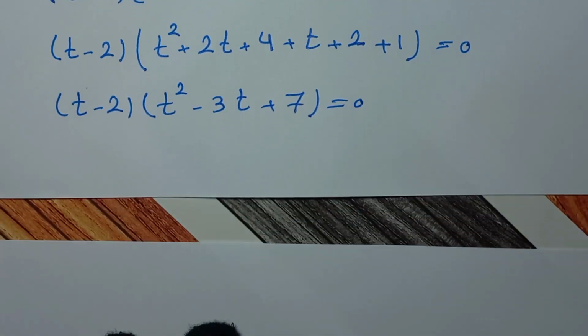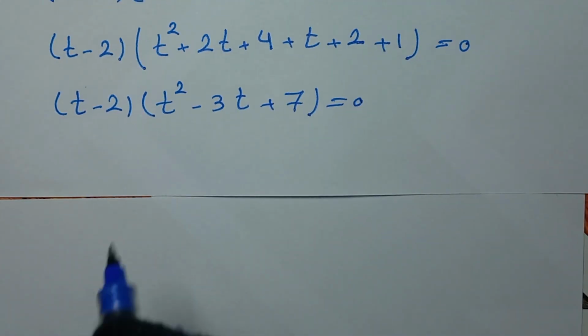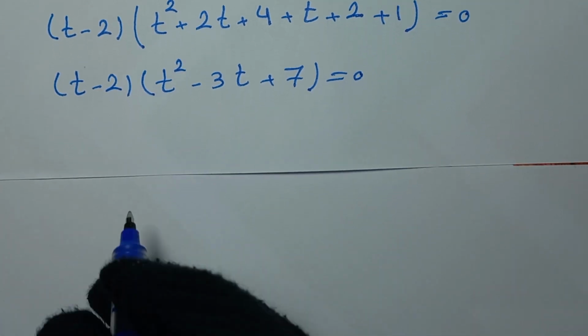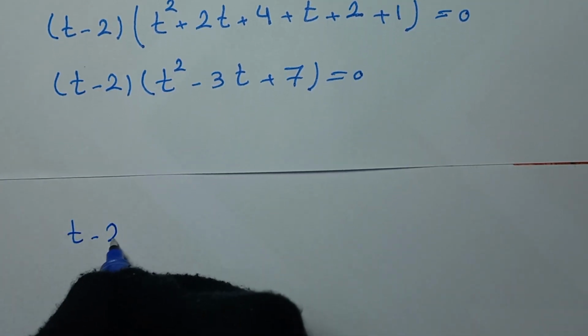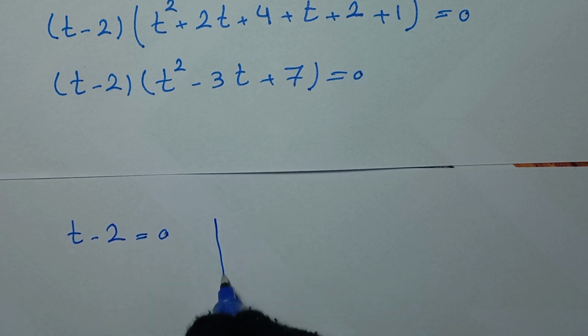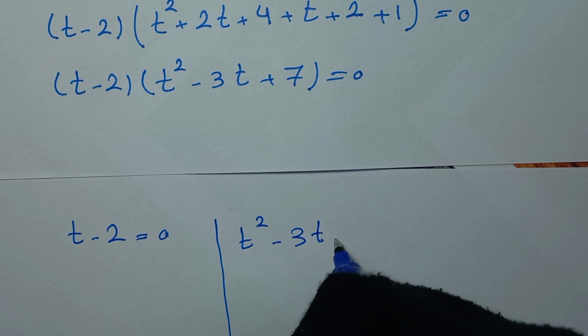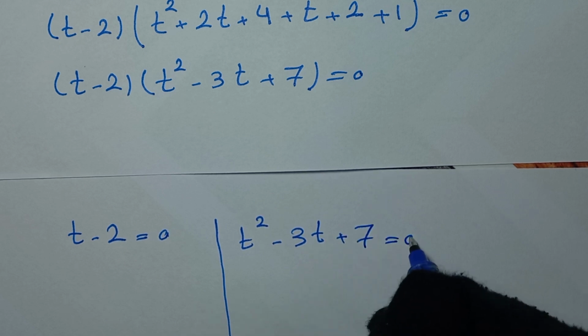And in the next step, this times this is equal to 0, so we have two solutions for t. T minus 2 is equal to 0, or t squared plus 3t plus 7 is equal to 0.